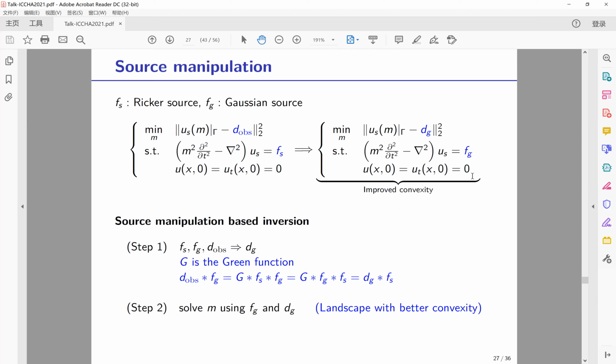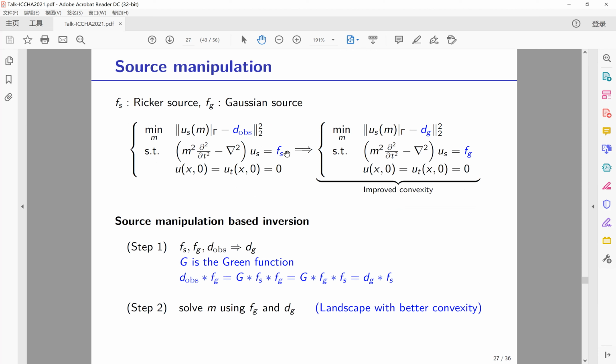Actually, we have two steps to finish this task. The first step is to simulate this Dg under the assumption of Fg, because in practice we only have Dobs and Fs. If we write down its Green's functions, this is a deconvolution problem.